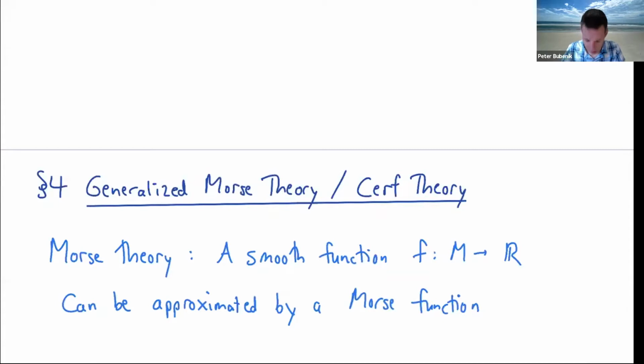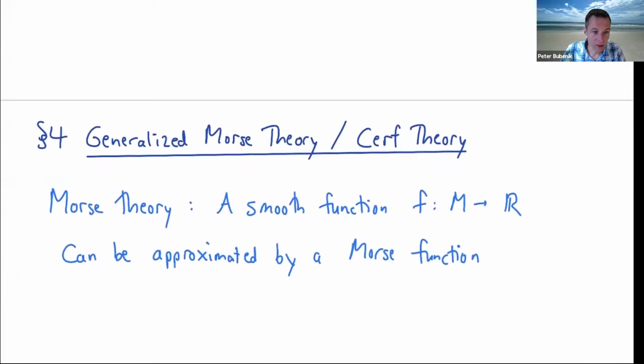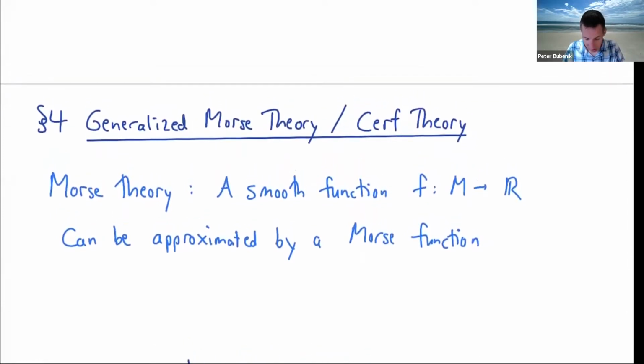First, let me say something about Morse theory that I didn't talk about in the first talk, but is an important part of the subject, which is that Morse functions are generic in a certain precise sense. If we look at smooth functions on a smooth manifold, an arbitrary such function can be approximated by a Morse function. First, let me say more precisely what I mean by Morse function.